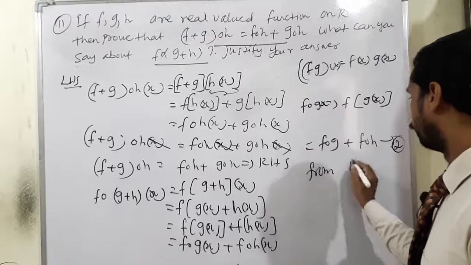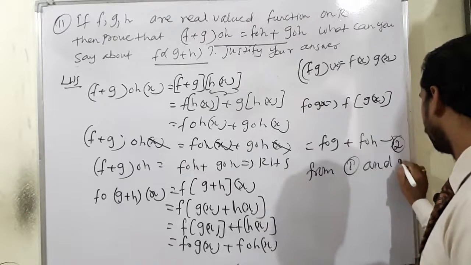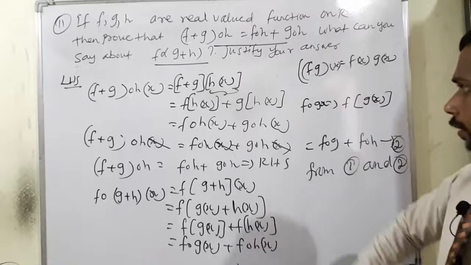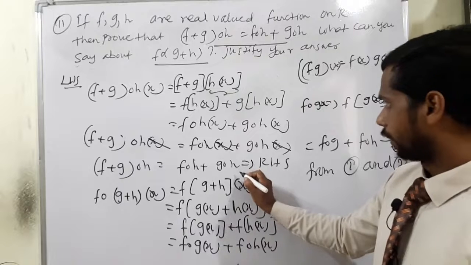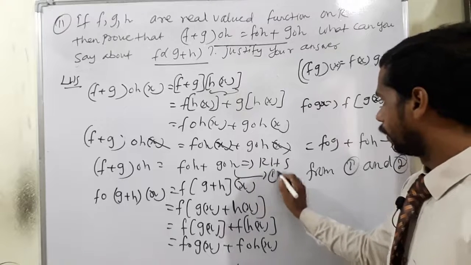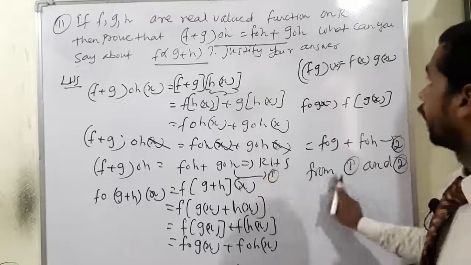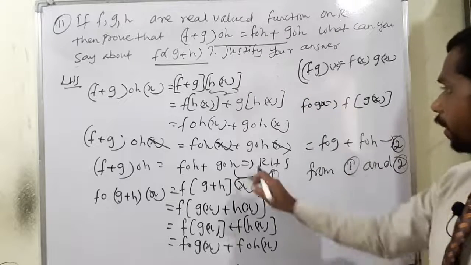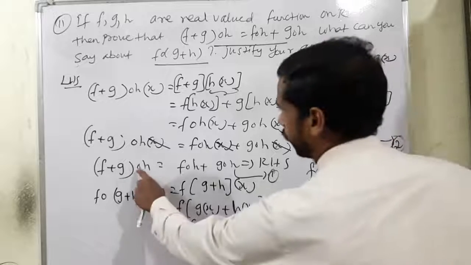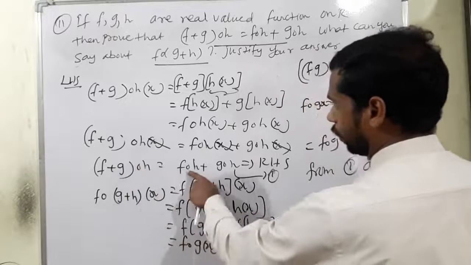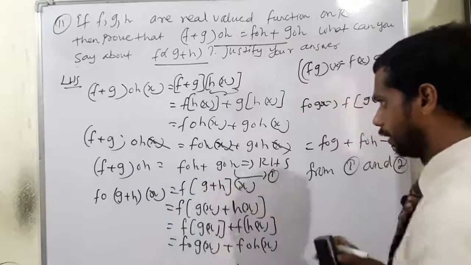Therefore, from 1 and 2, okay. This is the RHS term. This is considered for equation number 1, and this is called equation number 2. So from 1 and 2, justify your answer. This is not equal. Now, look at this. (f plus g) dot h has the value f dot h plus g dot h, isn't it?